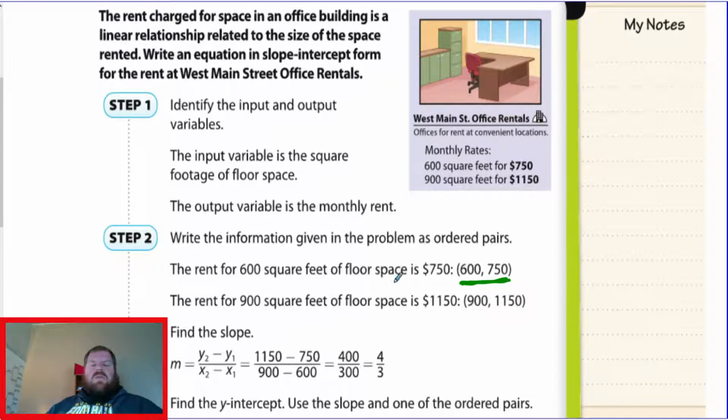And so to do that, we're going to find the slope. We're going to go x1, y1, and x2, y2. So y2 minus y1 is 400, and x2 minus x1 is 300. So it's 4/3 for our slope.